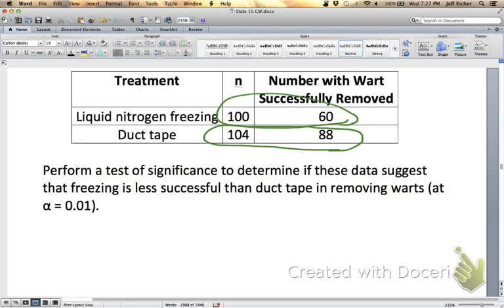Should we really blame liquid nitrogen? Maybe it just got the short end of the stick. So you're going to be performing a significance test to determine if these data suggest that freezing is less successful than duct tape in removing warts at a very small alpha level. Enjoy.